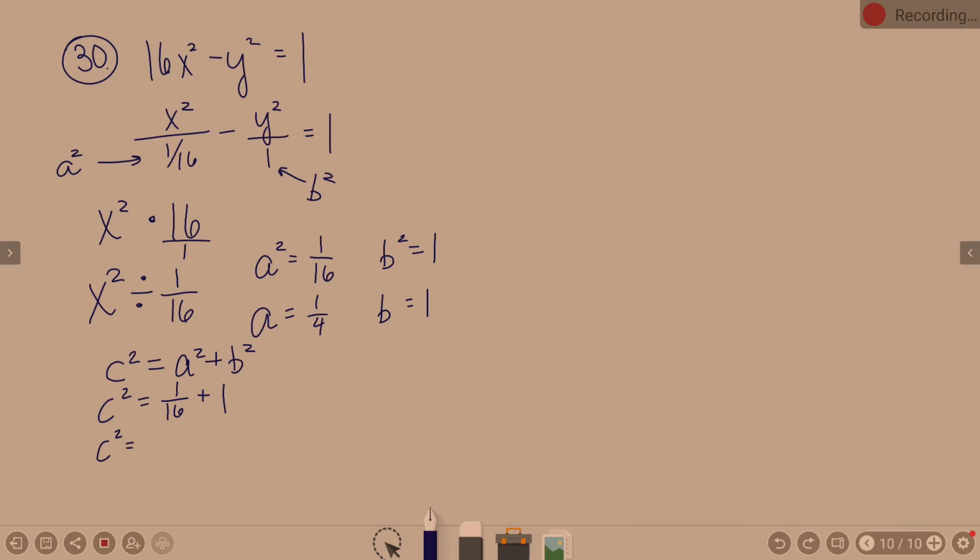If I make that 1 into 16/16, this is 17/16. And then the square root of 17/16 is going to be the square root of 17 over 4.